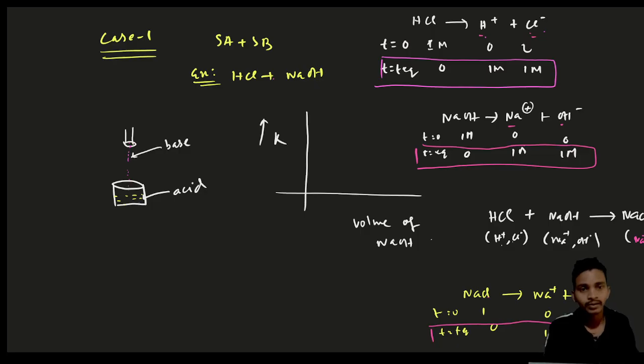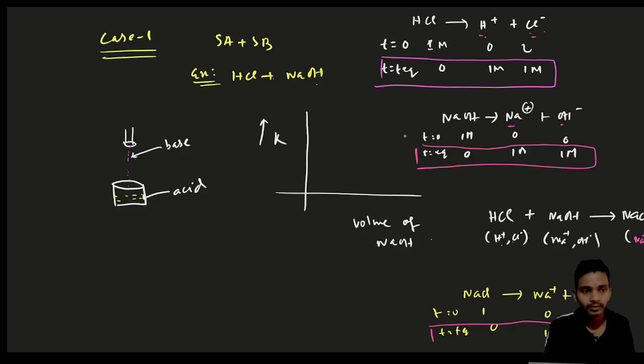So whenever HCl and NaOH react, previously H plus was present, and whenever you add NaOH, Na plus and OH minus react and form NaCl.